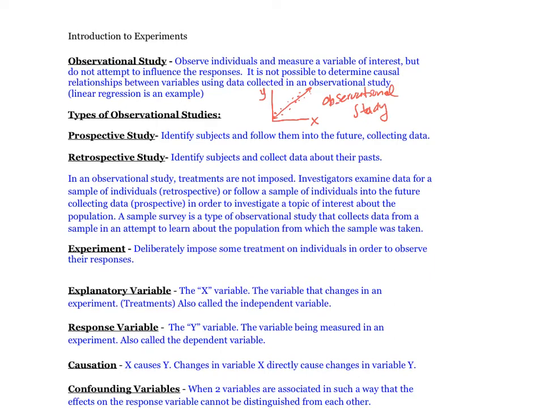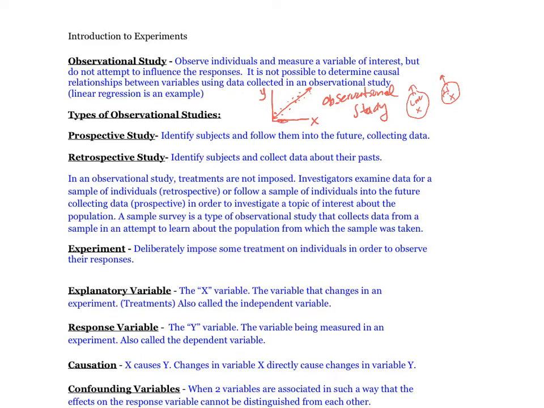Because once we notice that there is an association, then we could say, all right, I'm going to have two groups of people that I choose randomly, or split up randomly, and I'm going to give this group a low level of x, and this group a high level of x, and then I'm going to see what happens. Do I get a different response?